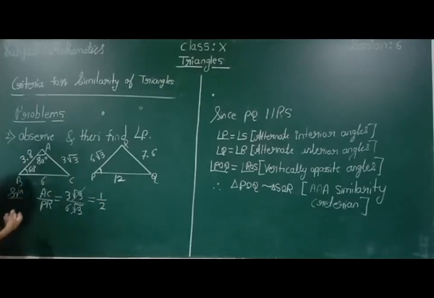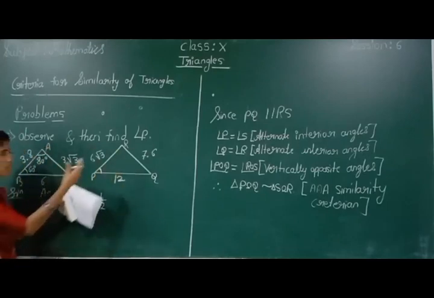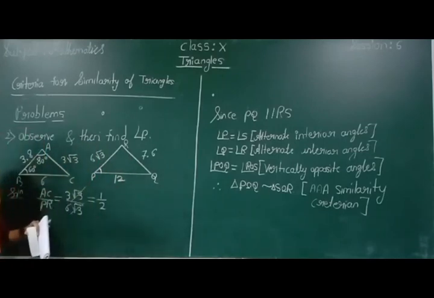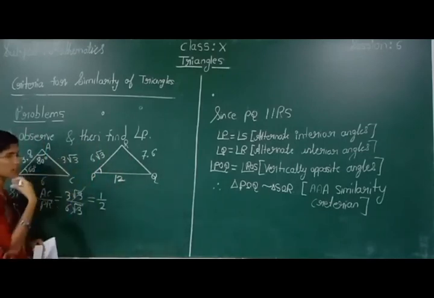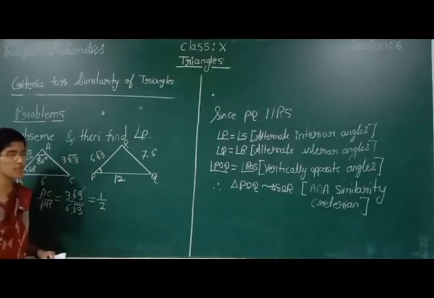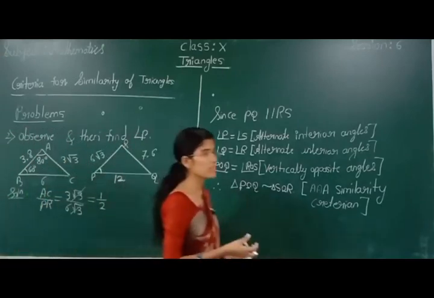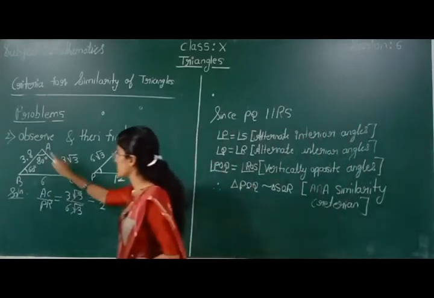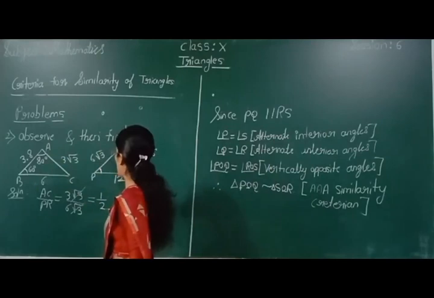So don't get confused why I am not doing AC by RQ. If you just turn the triangle, it will become RQP. What I want to tell is that the ratio of the same quantities we have to take here. There is no rule that you have to take AB by RP only.